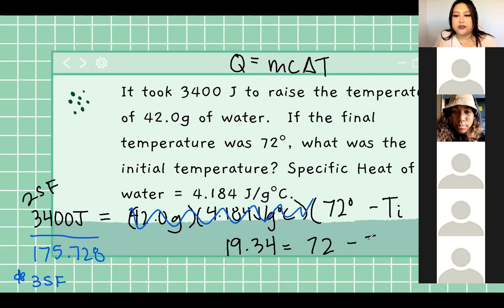72 minus TI. What do we do now? We could add TI to the other side and then subtract 19.34 from 72. Yeah, so you can add TI to both sides, making this equation look like this.